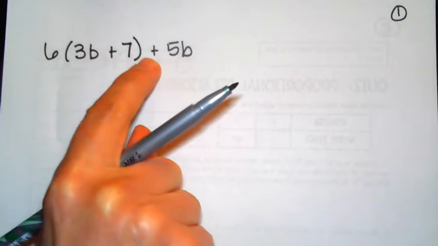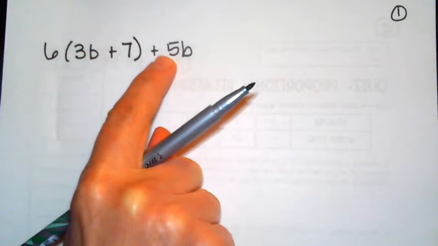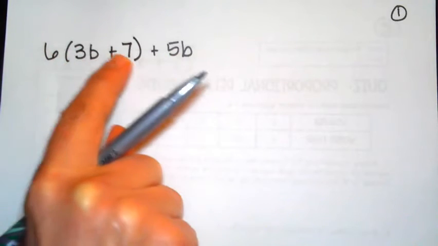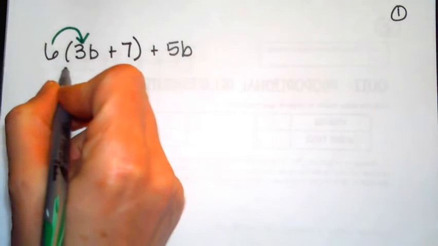The first thing I'm going to do is take care of this because this implies there's multiplication, and in order of operations, multiplication comes before addition. I have to multiply 6 times the quantity of 3b plus 7. So again, rainbow. I have 6 times 3b, 18b.